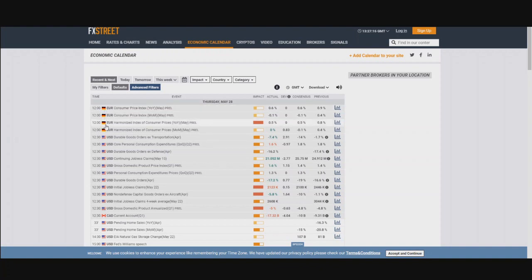When I'm looking for European data, it will largely just be the German figures that are monitored, because they are the backbone of the EU. So it will be the German employment, the German GDP, and the consumer prices, which is another big one.